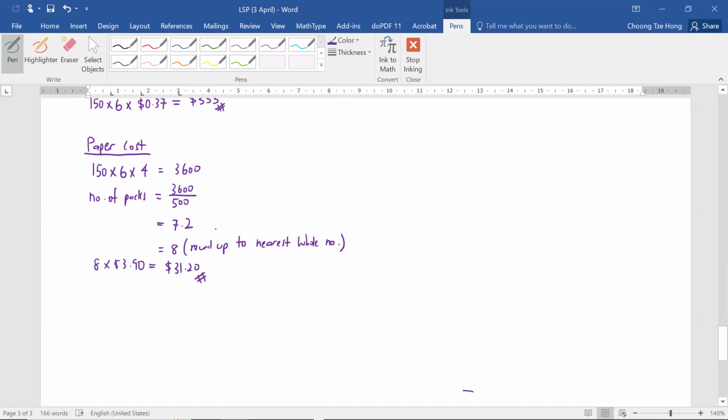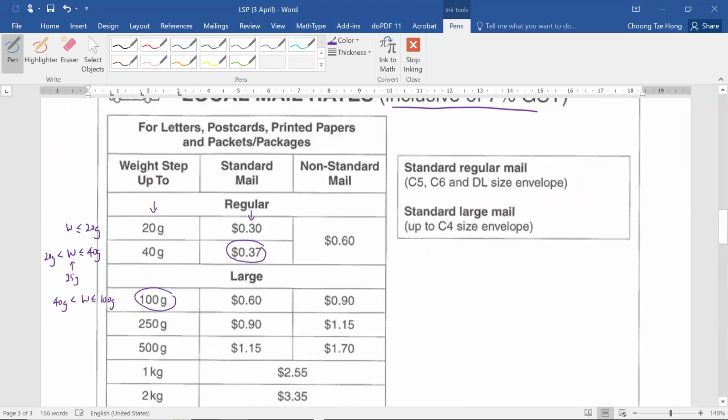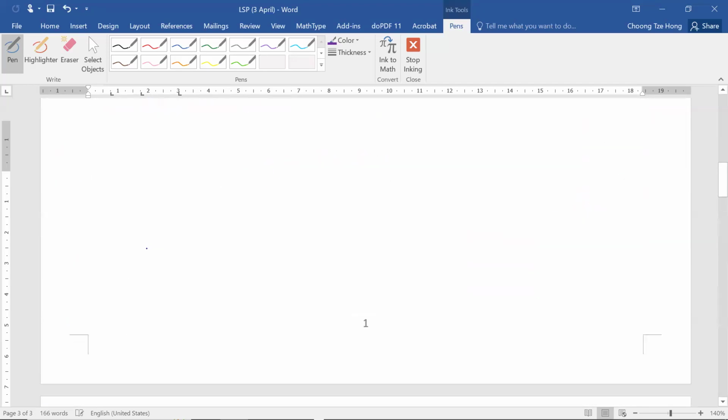The next thing after calculating paper will be toner cartridge cost. Toner cartridge we have already calculated in part B, that we needed 6 toner cartridges.